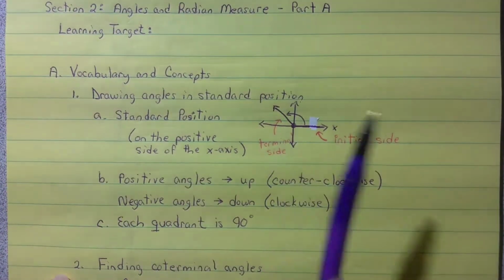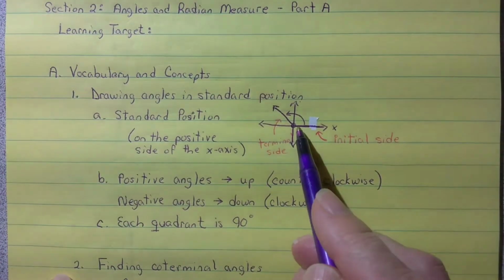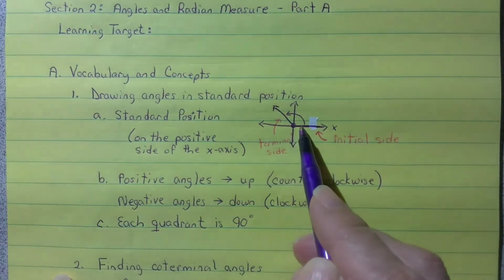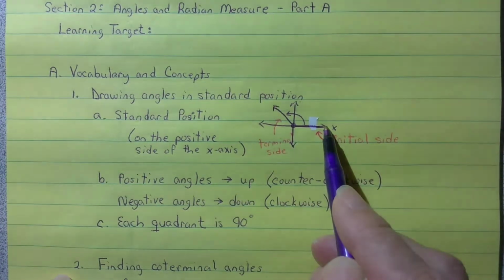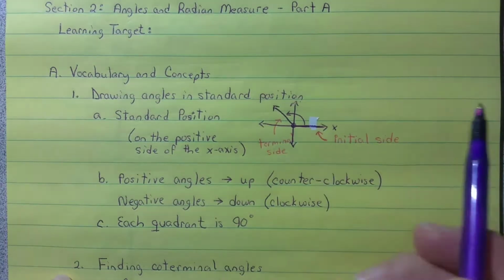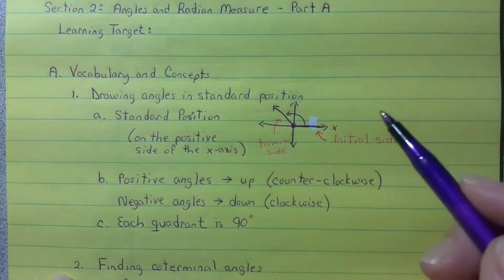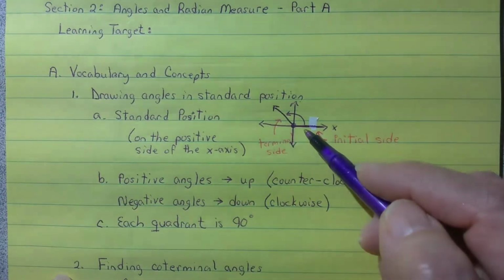Drawing angles in standard position. A couple of words that you need to know with that. Standard position means it needs to start right here on the positive side of the x-axis. Always they start there. This is called its initial side. Positive angles go upward. Negative angles go downward.